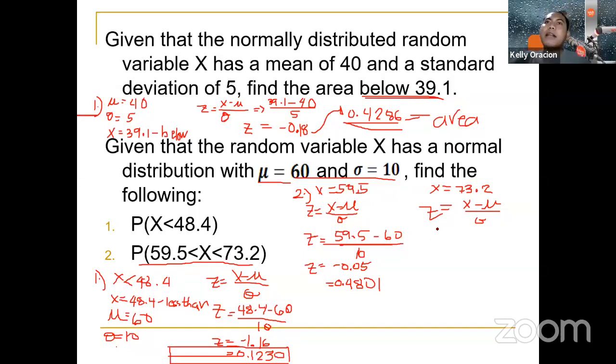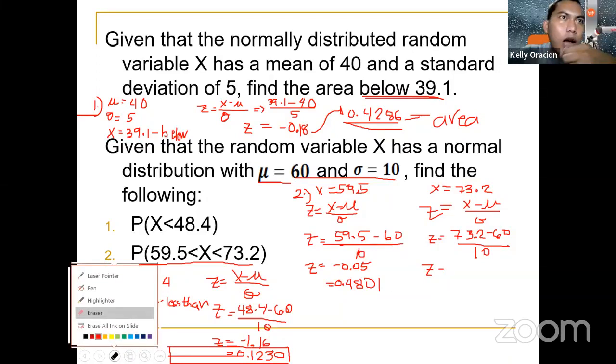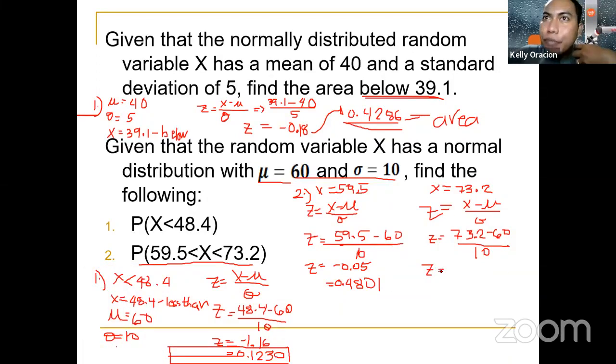Now for the second one, the x is 73.2 minus 60 over standard deviation 10. What is the z-score? 1.32.